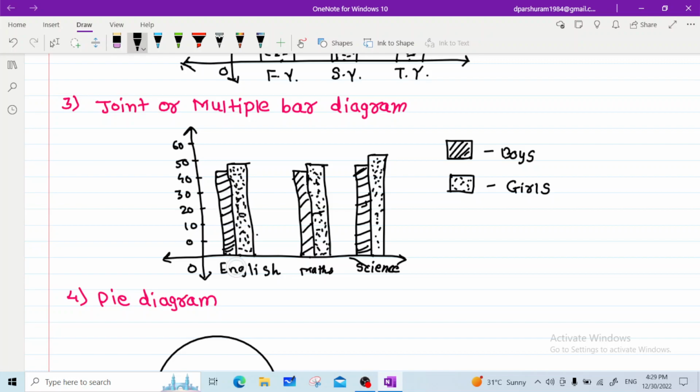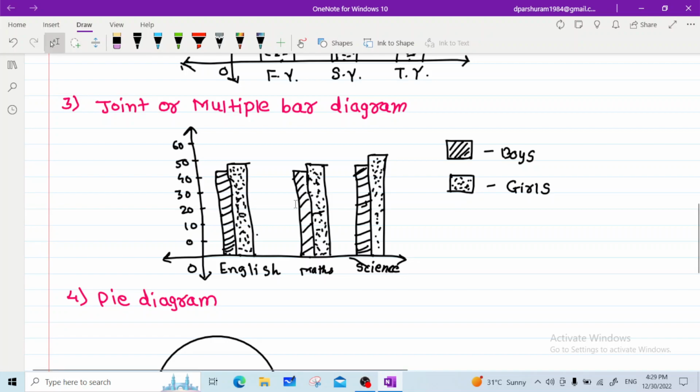For English, there are 44 boys and 48 girls. For Maths, there are 42 boys and 49 girls. For Science, 49 boys and 51 girls. Here we represent boys by lines and girls by dots.